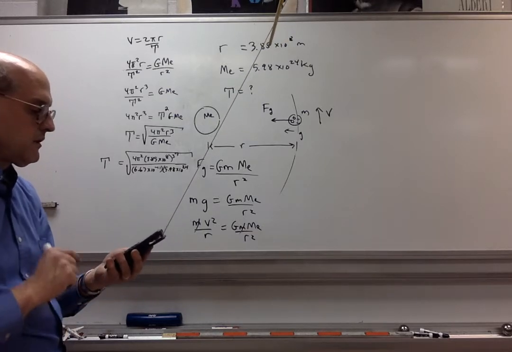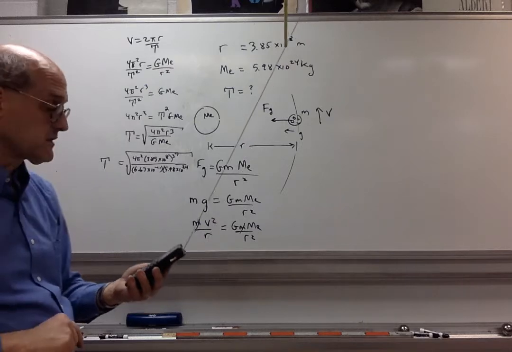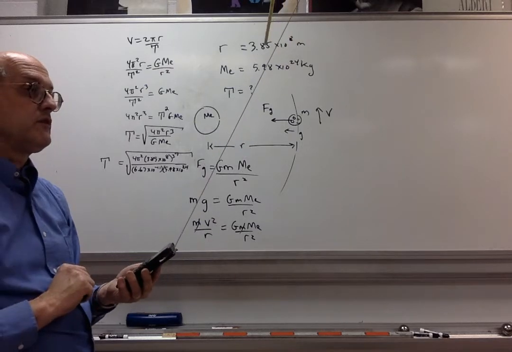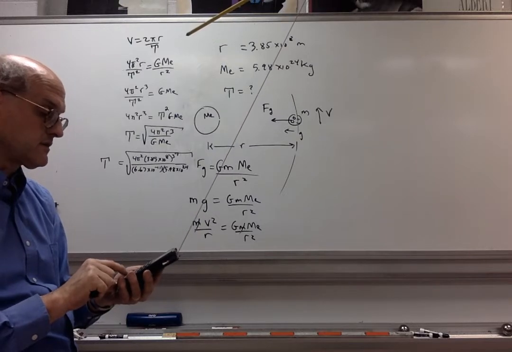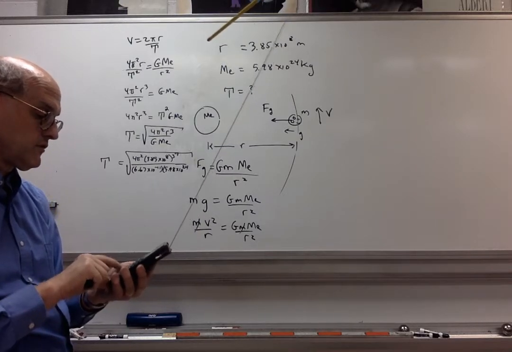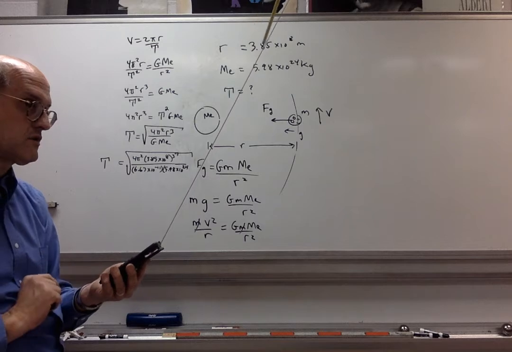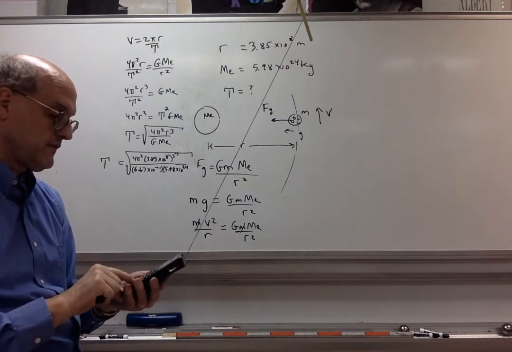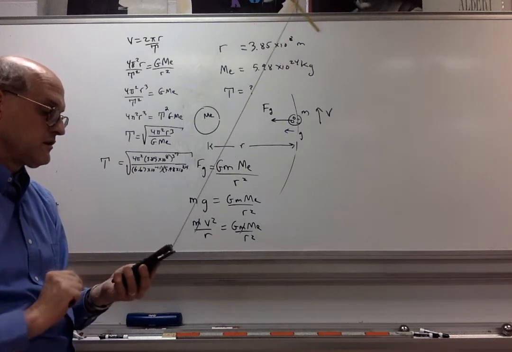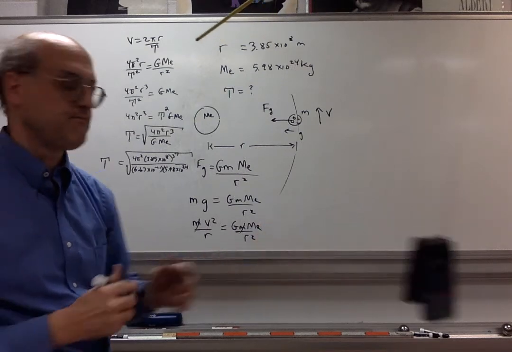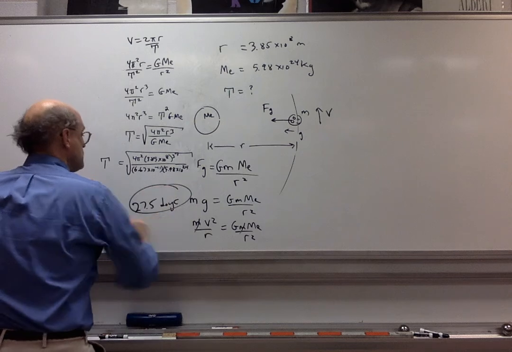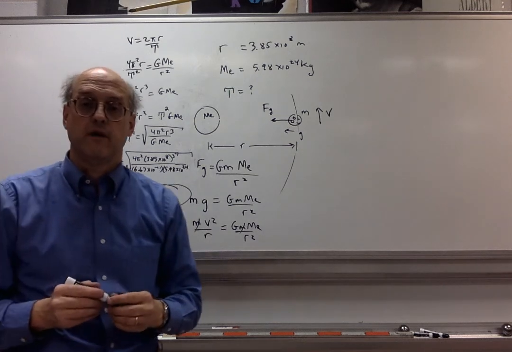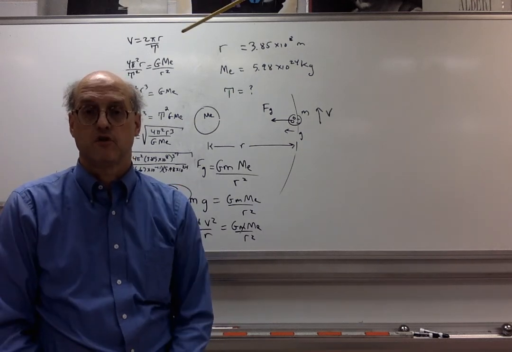And I'm getting a huge number for seconds. And now I know that there's 3,600 seconds in an hour. So I'm going to divide this huge number by 3,600 seconds to get hours. And there's 24 hours in a day. So I'm getting 27.5 days, which agrees nicely with the number of days it takes the moon to go around the Earth.